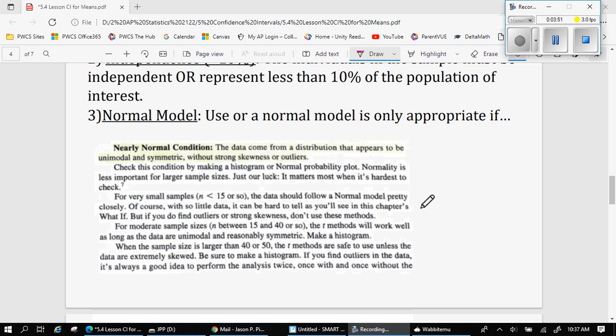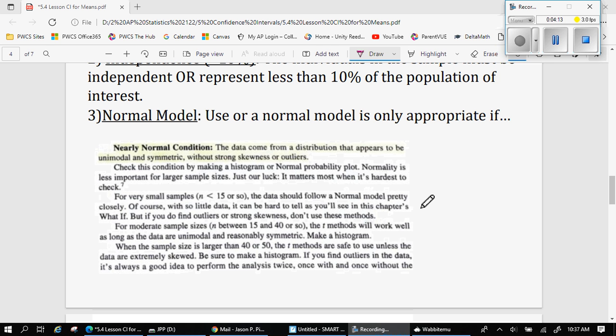However, if we have a sample size that's smaller, what we want to do is go look at the distribution of our sample, and if that sample is approximately symmetric and normal, then we can still proceed. If our sample is symmetric and approximately normal, then the sample size won't matter so much.